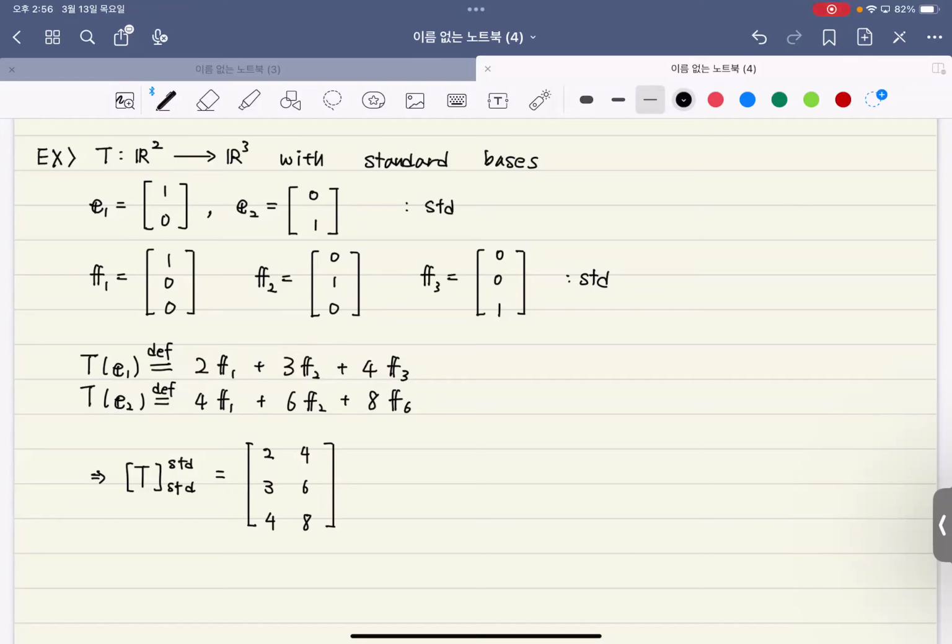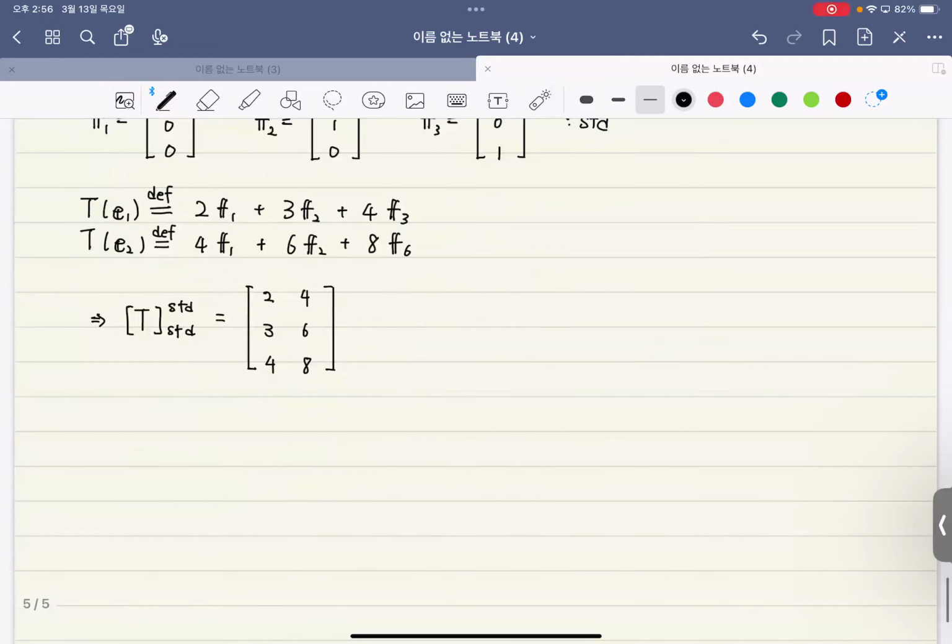And having this matrix, you can compute the linear transformation of any vector in terms of linear combinations of bases F1, F2, F3. So what is T of 2 times E1 plus 3 times E3?